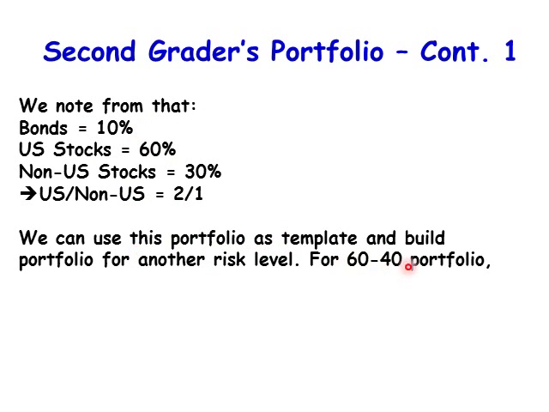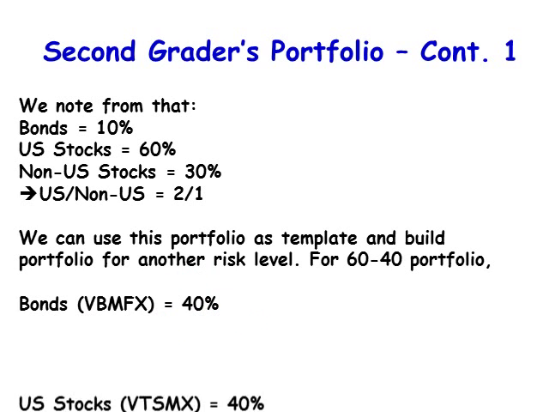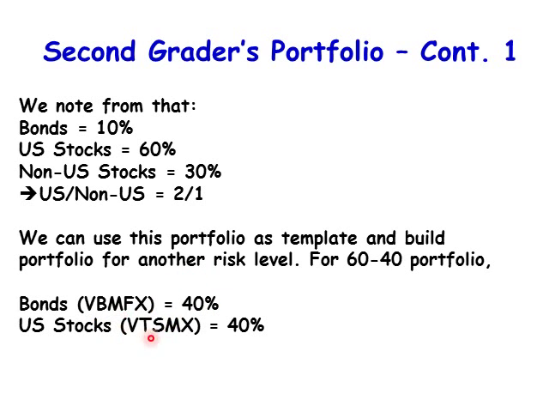So if we were to do a 60-40 portfolio, what we'll do is get bonds at 40%, US stocks at 40%, and non-US stocks at 20%.